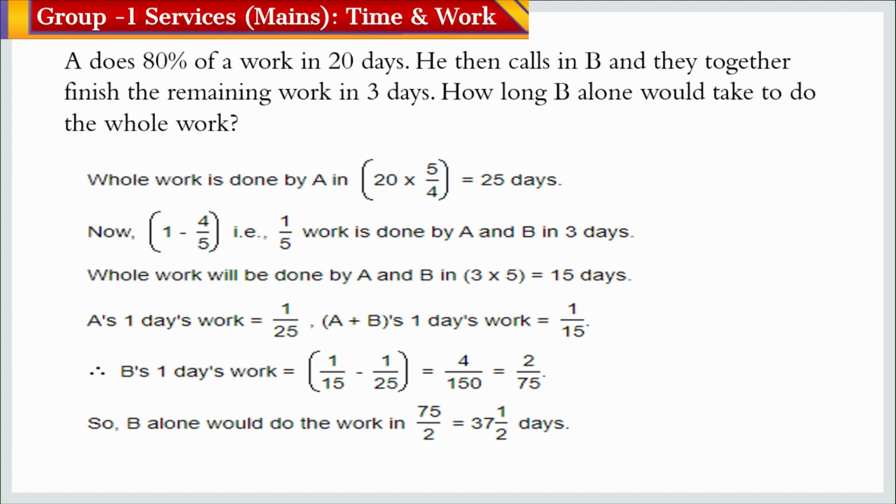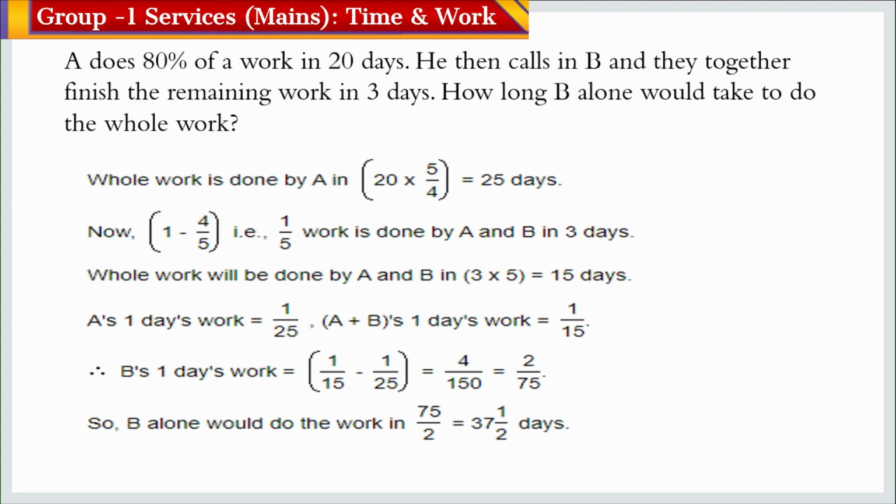At that particular time A takes the support of B. A and B together completed the remaining 20% work in 3 days. So, if B works alone, how many days will it take to complete that work? This is the question.